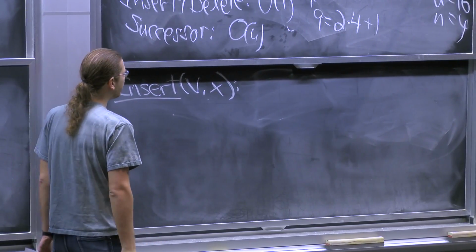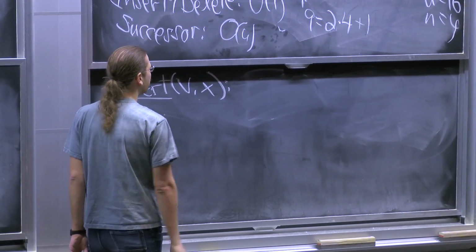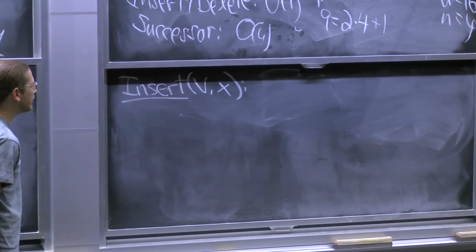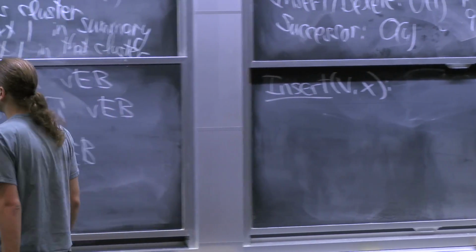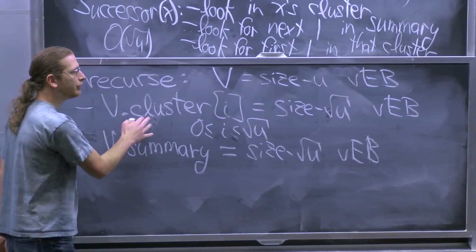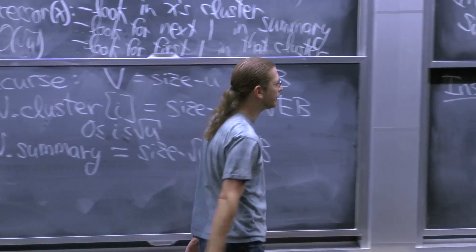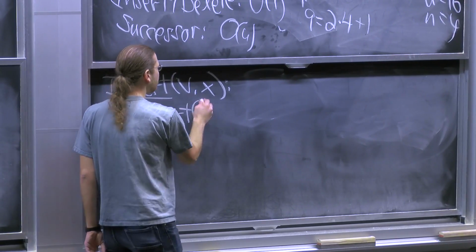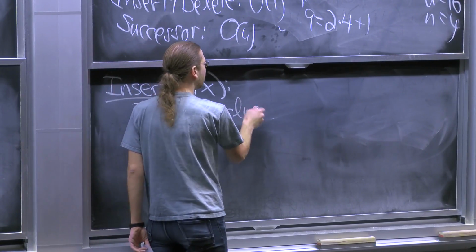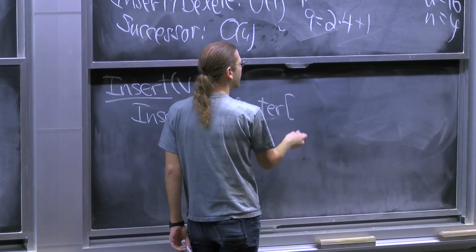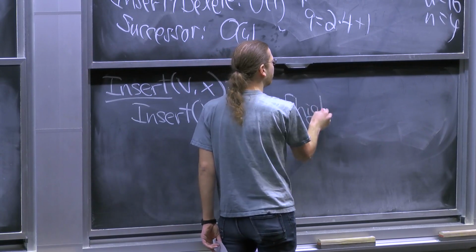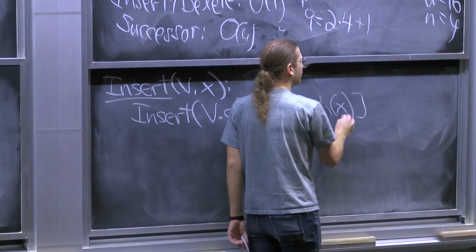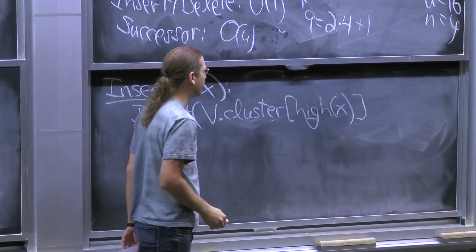So if I want to insert an item x into data structure V, then the first thing I should do is insert into its corresponding cluster. So let's just get comfortable with that notation. We're inserting into the cluster whose number is high of x. That is where x belongs. The name of its cluster should be high of x.